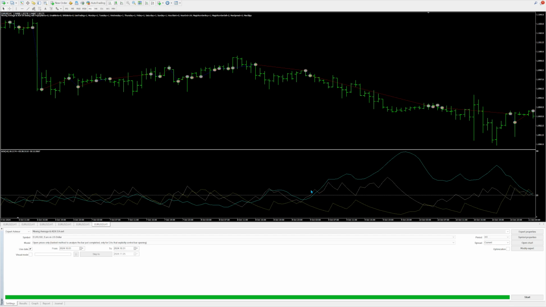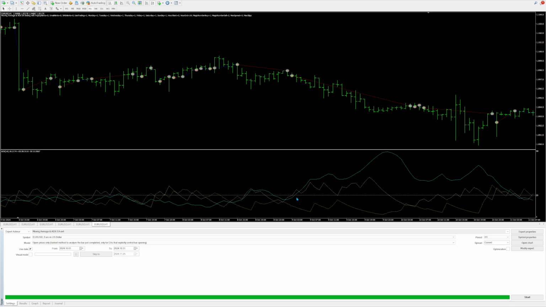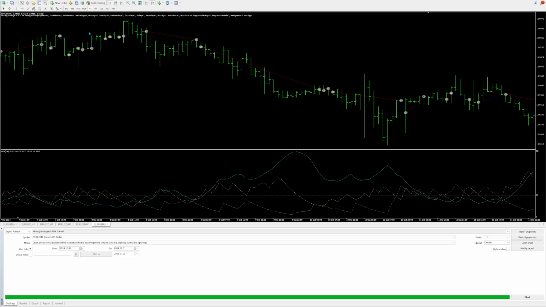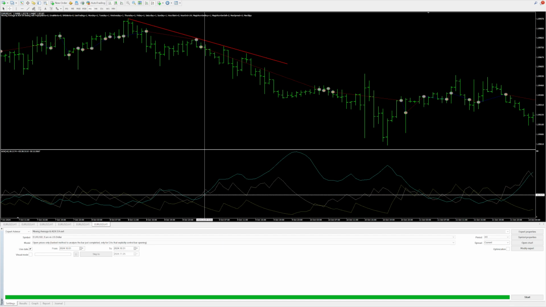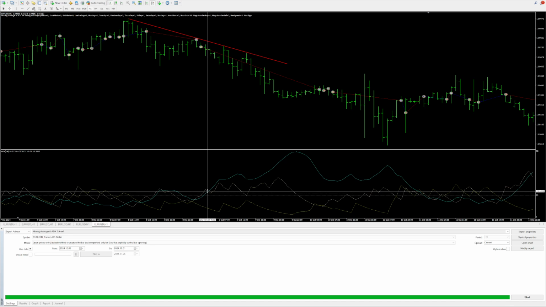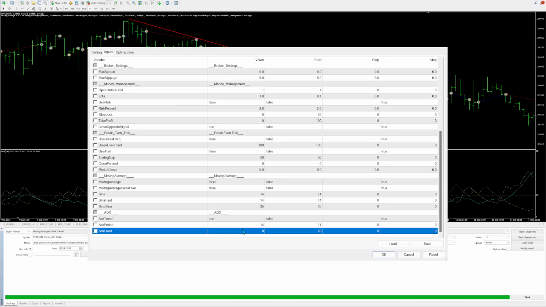It would suggest that there's good momentum, so potential strong trend. As you can see here, market's making these lower highs, good downwards momentum, and then the ADX is above the 20 line there, and there. So if you have that activated, the ADX will need to be above that level. So that's the ADX level here.